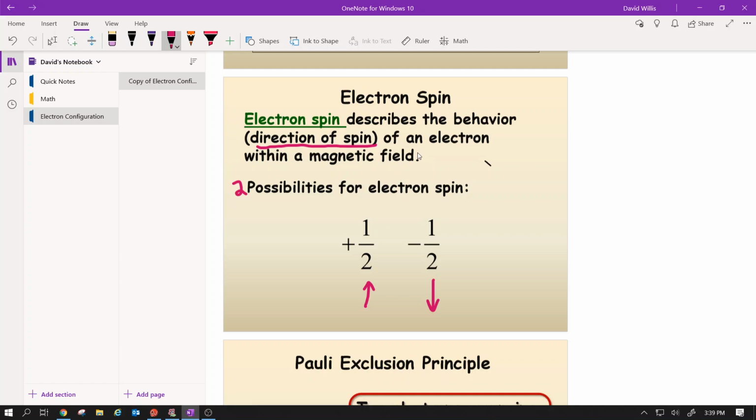So what is it for electron spin? Here's what I want you to put.